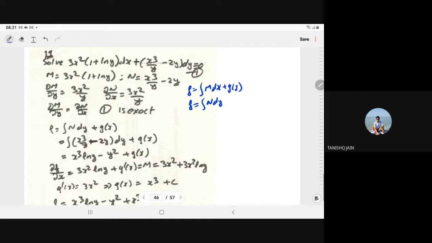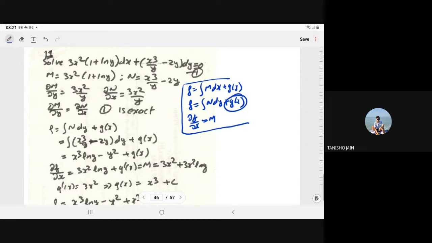So when we are integrating with respect to y, the constant of integration is a function of x. And then after we compute del F by del x, and del F by del x is equal to M. So automatically this will come as a function of x. It means you just replace the role of x with y and the role of y with x. So sometimes that will give you easy integration. So it is not always necessary to do the integral of M dx plus g(y).